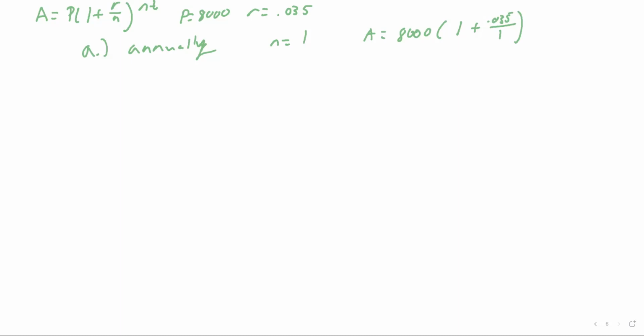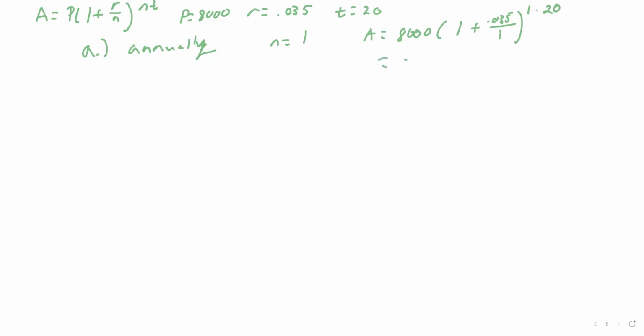So where's my n? That would just be 1. And what was my time? 20, because it said for 20 years. All right, this is where those calculators will come in handy just to do a little bit more complex math.